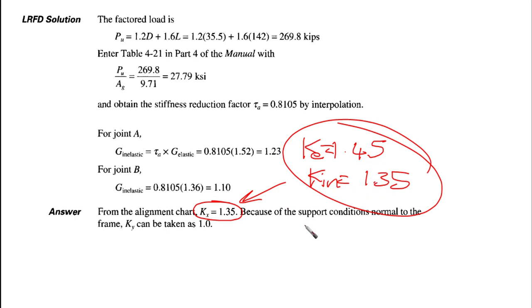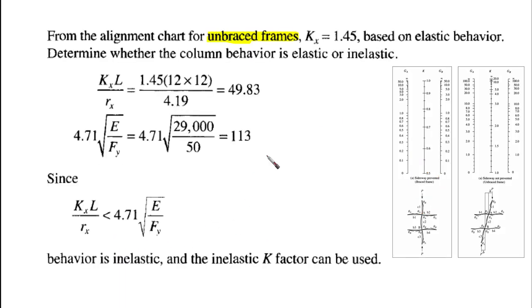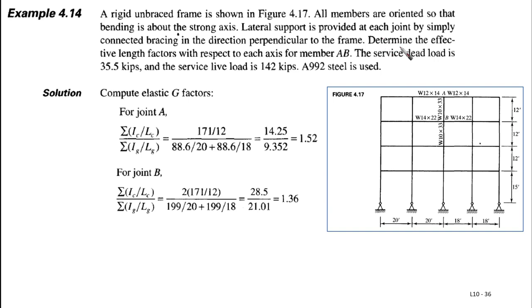Okay, because of the support conditions normal to the frame, Ky can be taken as 1. Actually, in the example, they asked us to determine the effective length factor with respect to each axis, meaning normal to the frame plane and in the frame plane. So in the frame plane we have already calculated everything here, but in the out of plane it is given for us.